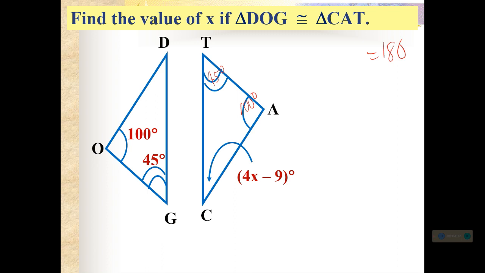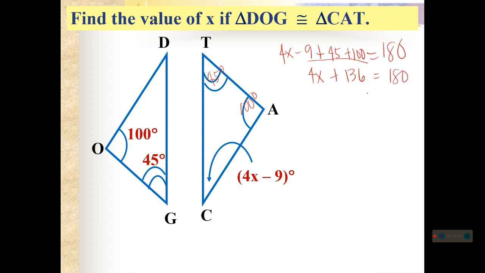So we have the equation 4x minus 9 plus 45 plus 100 is equal to 180. Of course, you are going to combine the like terms. So you will have 4x plus 100 plus 45 minus 9, which is 136, equal to 180.